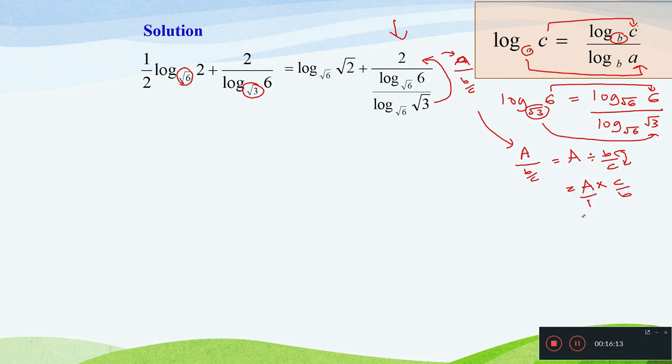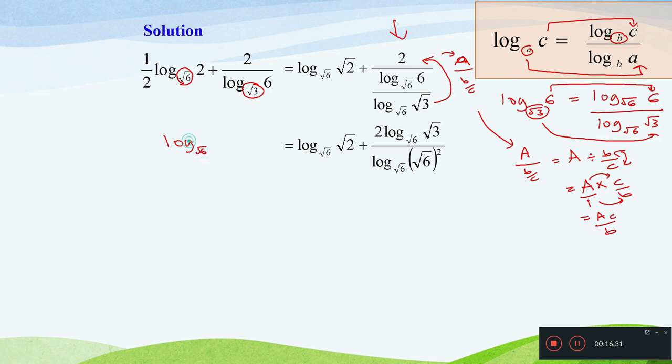Since A is A over 1, you multiply numerator with numerator and denominator with denominator, so that's where you get A times C over B. Okay, that step is a little bit more advanced. So before you reach that step, you are going to get this answer first.